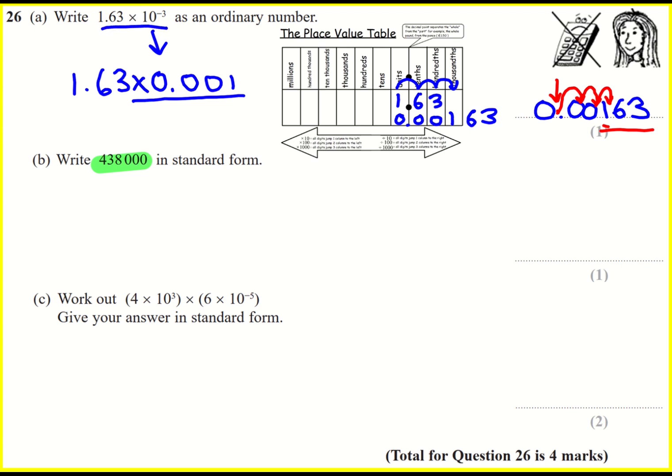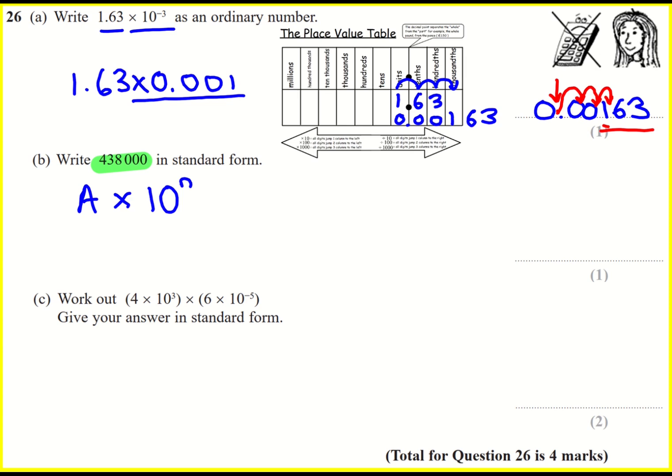So what we need is a number, let's say A, and my A up here, which is just a number, in this case would be 1.63, multiplied by 10 to the power of some integer n. And as you can see, there it is up there, times 10, and my integer there was -3.